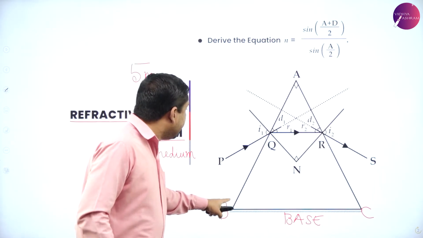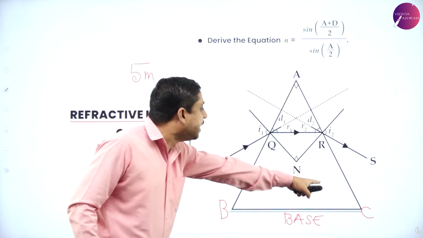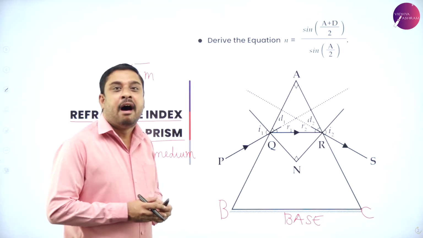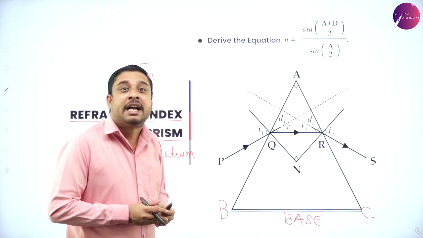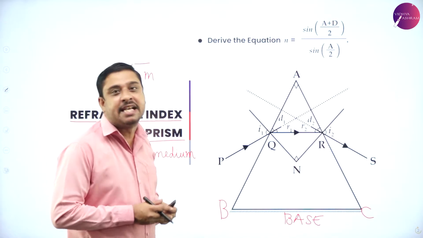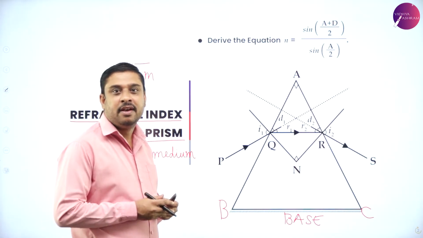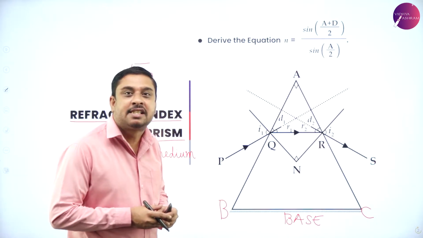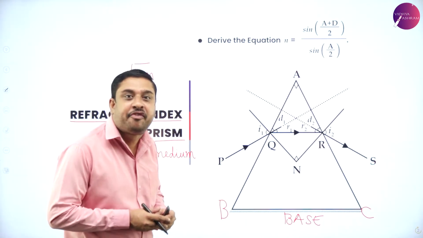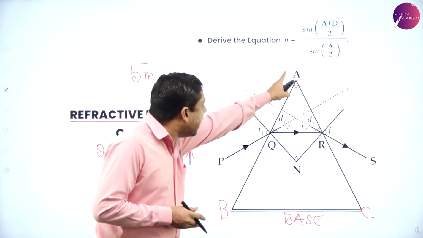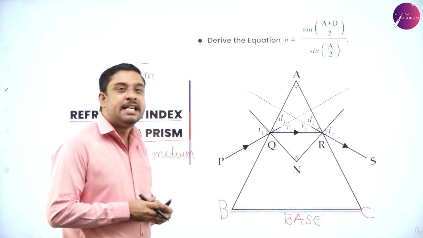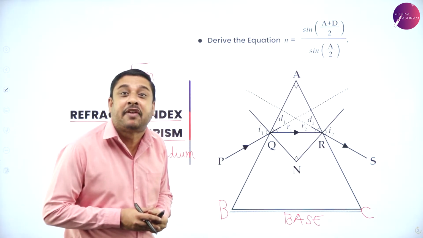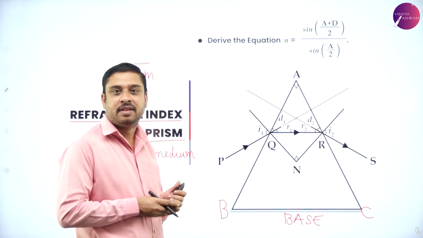Now, AB and AC are the two refracting faces. We say AB is the first refracting face and AC is the second refracting face.